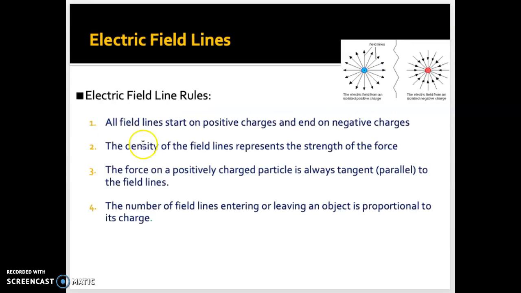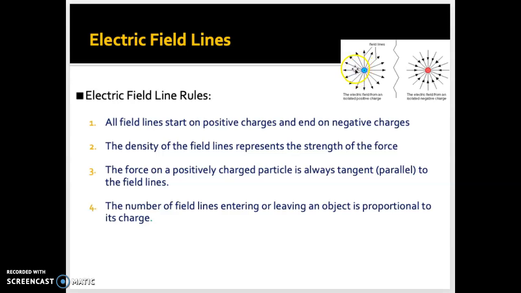And a couple of rules about those field lines: they always start on positive charges and end on negative because that's the way a positive test charge would go. Their density kind of represents the strength of the force. You can see the field lines are further apart from each other here and closer together here, so this is more dense, and so that's a stronger force.